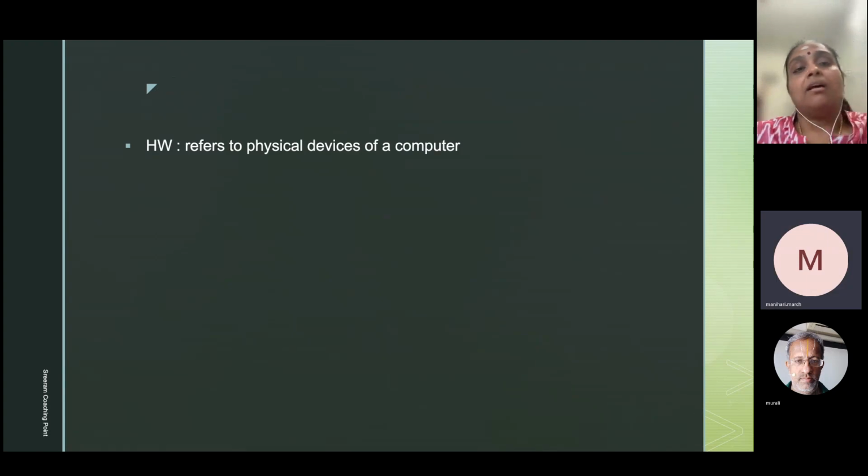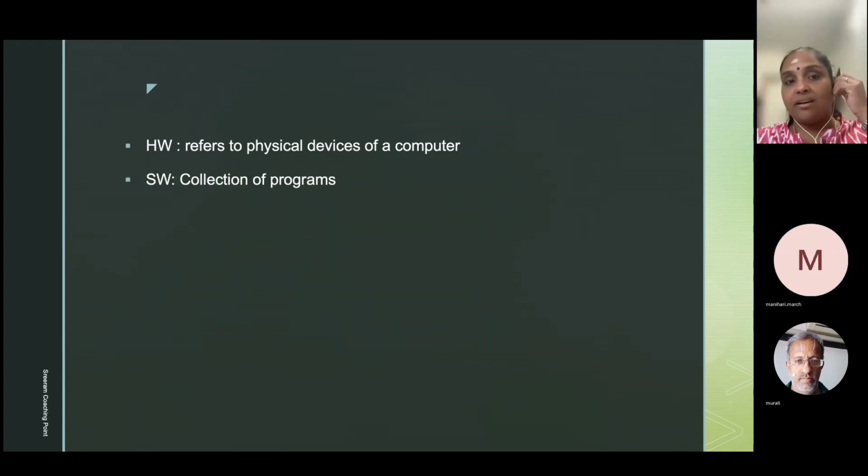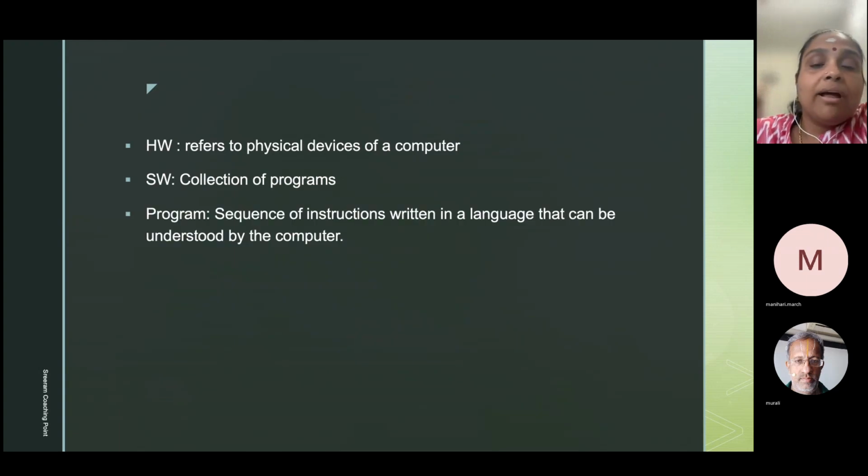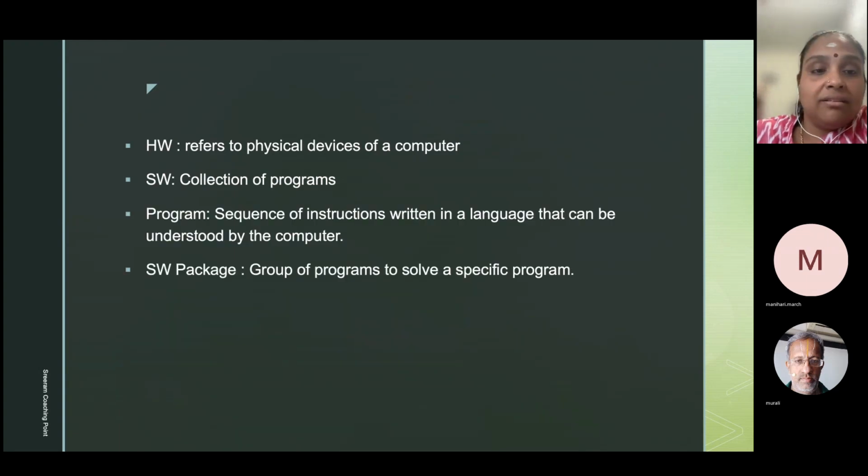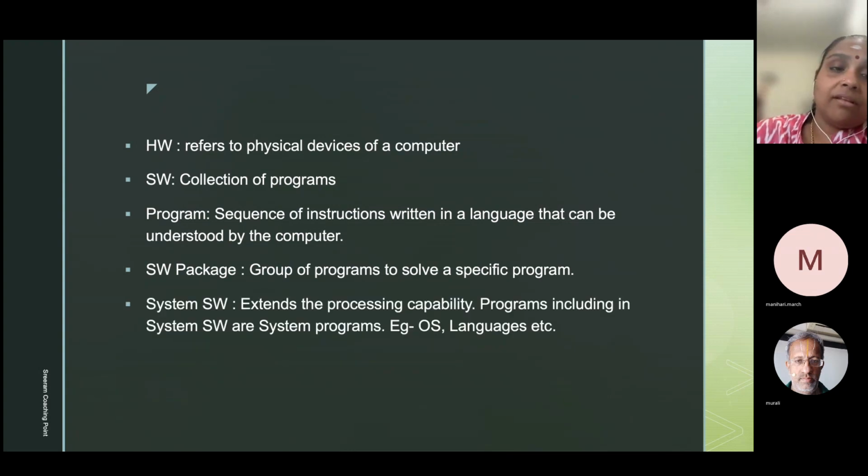Now, hardware refers to physical devices. Software is a collection of programs, a program is a sequence of instructions, and a software package is a group of programs. Though the definitions seem to be at a very nascent stage, there are questions on logical and physical controls where they refer to these terms, so we need to be very clear about the definitions.